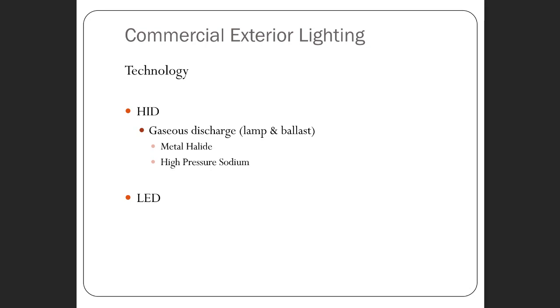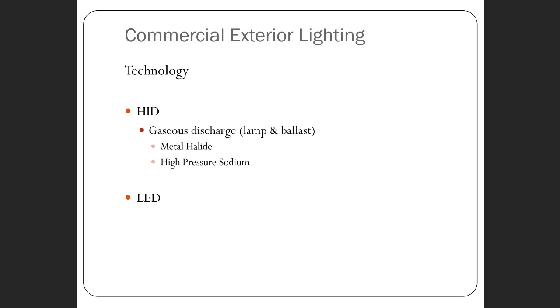A HID typically has a lamp and a ballast. And we might have either metal halide, that's going to be kind of the bluish light, fairly common, or the yellowish light that we still see in a lot of the street lights, certainly in the city of Chicago, that's high pressure sodium.